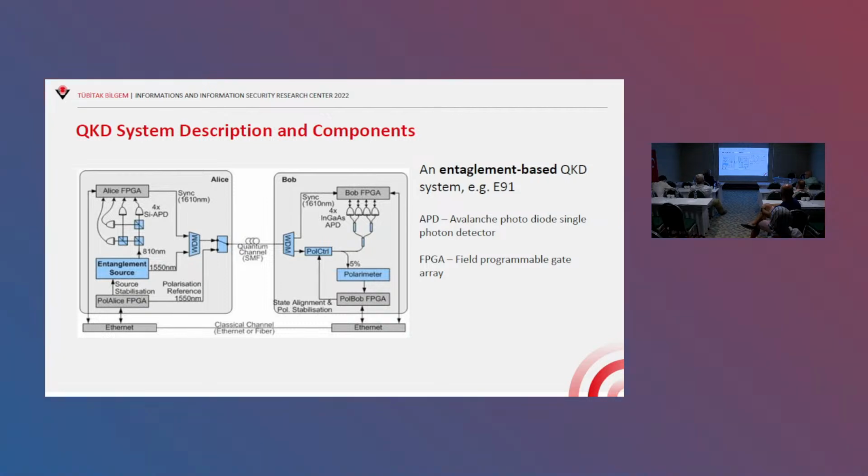You need to make sure that when the entangled pair of photons is generated, there is no interception, and that interception is detected through Bell state analysis. We have, again, avalanche photodiodes to receive and detect single photons, and FPGAs for implementing the actual protocol. So this is an example of an entanglement-based QKD system.